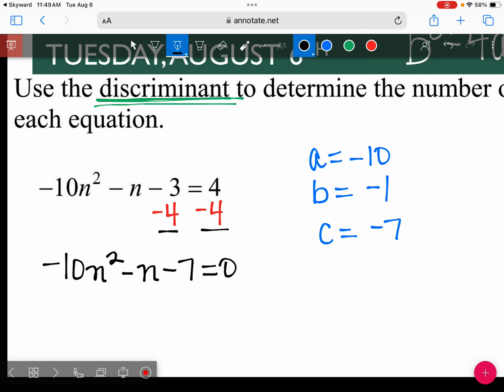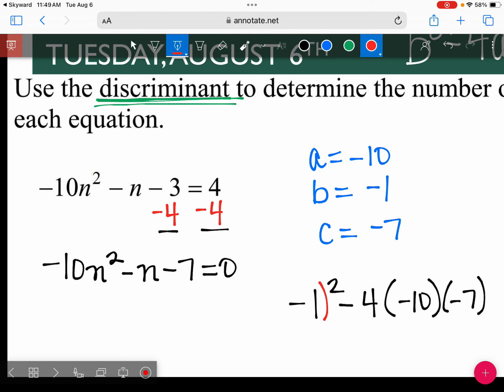One of the most common mistakes is students will type it in their calculator like this and then wonder why when they get their test back, it's wrong. What did I forget to do? Parentheses around the negative. You have to include parentheses around your negative whenever you're typing it into your calculator. So go ahead, type that in your calculator just like that.